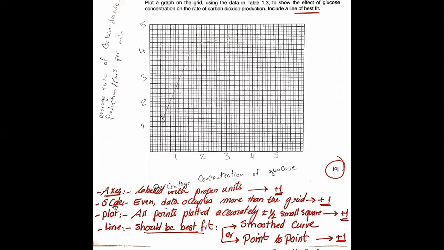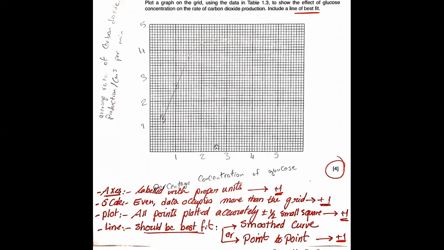Number two, we have the scaling. It should be even. The data have to occupy more than half of the grid. This is 1 mark. Scale should be even, and the data should occupy more than half of the space provided.